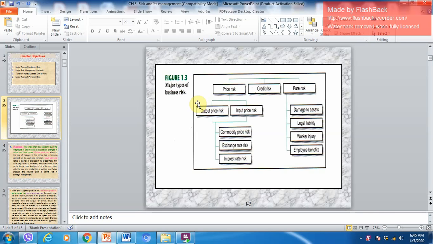The second last point under pure risk is worker injury. Worker injury means the risk associated with paying benefits to injured workers under workers' compensation laws, and the risk of legal liability for injuries or other harms to employees.